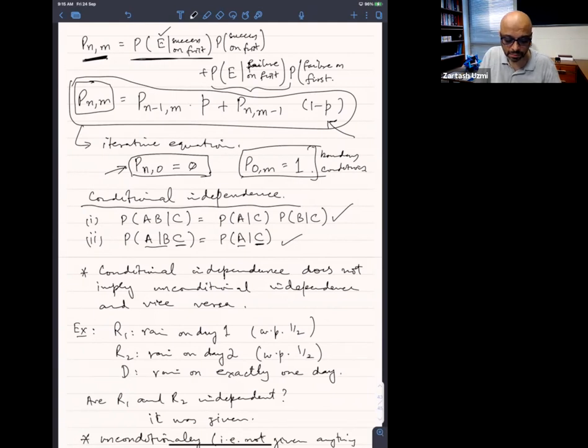क्या हो सकती है? देखिए, जब आपने एक्सपेरिमेंट स्टार्ट किया था, हाउ मेनी सक्सेसेस डिड यू हैव? जब एक्सपेरिमेंट स्टार्ट किया तो 0 सक्सेसेस थी, और कितनी फेलियर्स थी? 0 फेलियर्स. जब आपने एक्सपेरिमेंट स्टार्ट किया, you already have 0 successes.